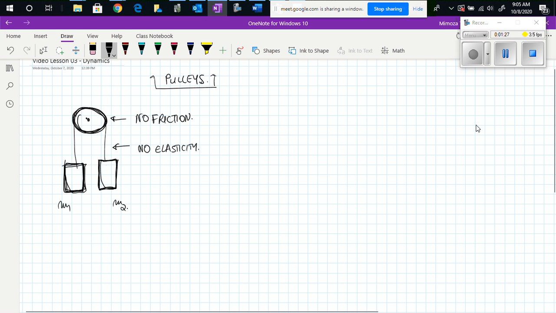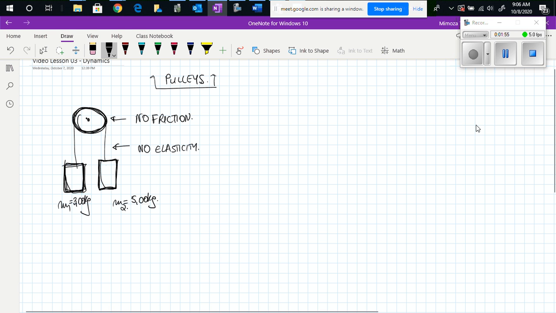So the way that we will approach a pulley is the same way as we have done in the other examples in dynamics. So let's give some numbers here, and let's say that mass 1 is 3.0 kilograms and mass 2 is 5.0 kilograms.